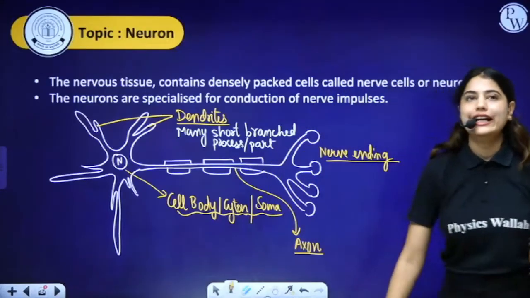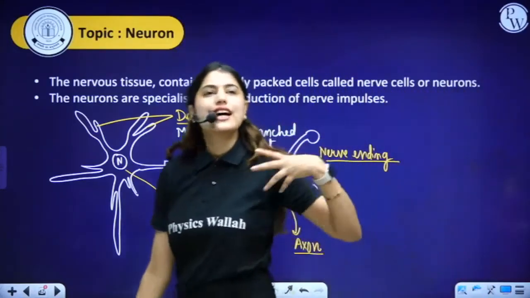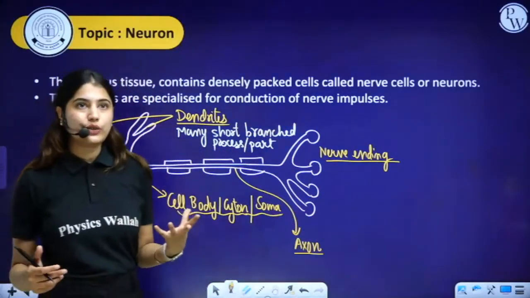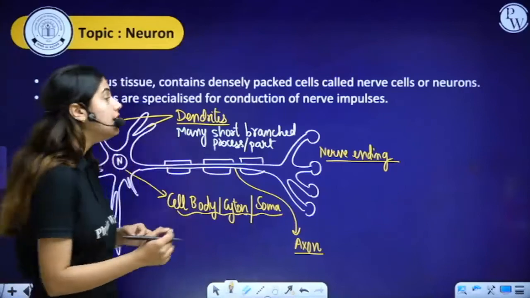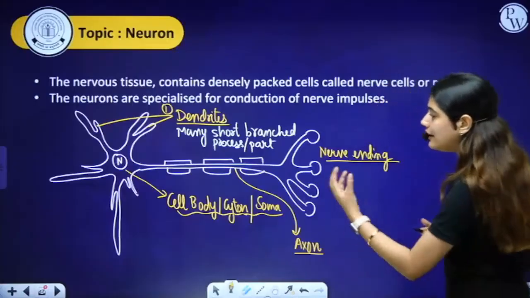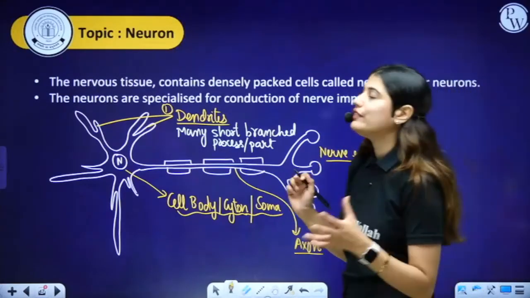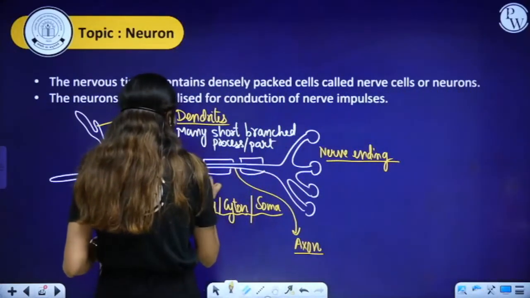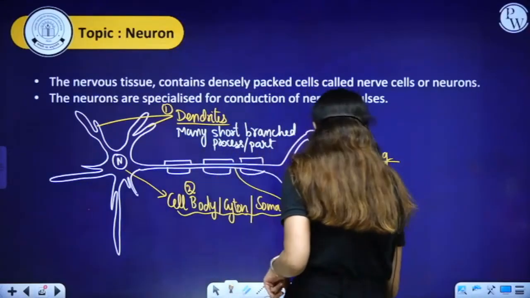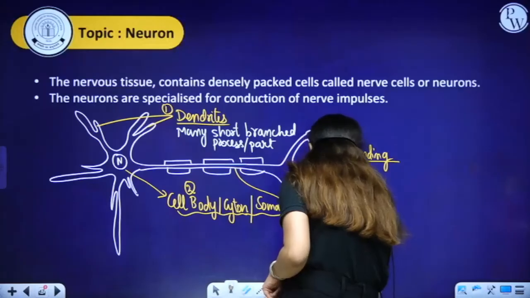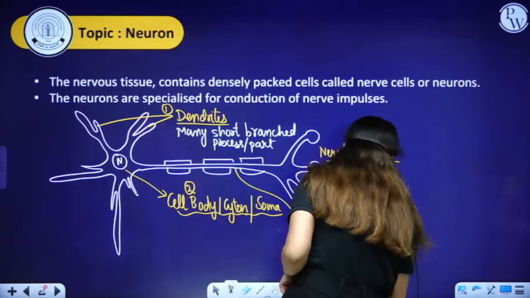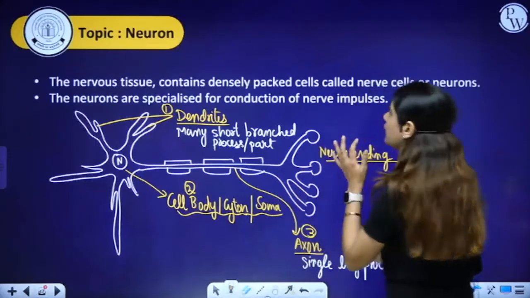The nerve ending, or also called the axon terminal, the end of the axon, right? So that was about a neuron. The three basic parts are there. That is, we have dendrites, the short branch processes, then we have the cell body, which is the part where the nucleus and the cytoplasm are, and lastly we have the axon, which is a single long process, and at the end the nerve ending.